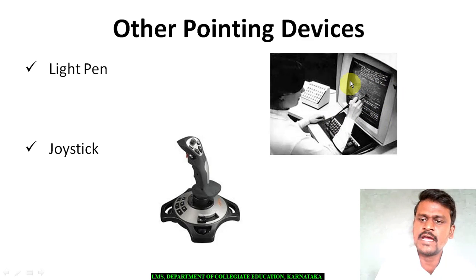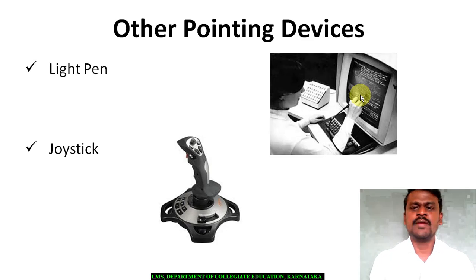These are the CRT screens, and these CRT screens illuminate lighting points on the screen, so that those lighting points will be detected by this light pen, and it will emit the photoelectric signals, and for that light a particular signal will be generated, and it will be taken as an input to the CRT monitor.